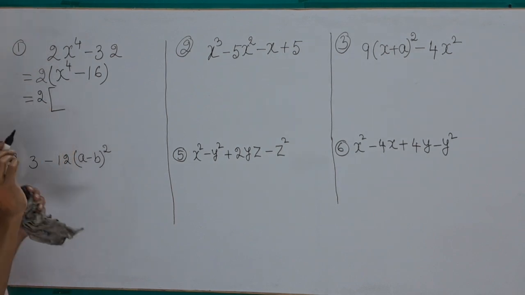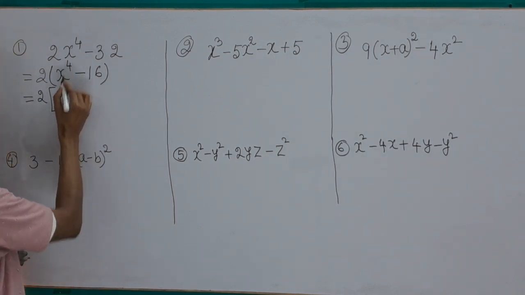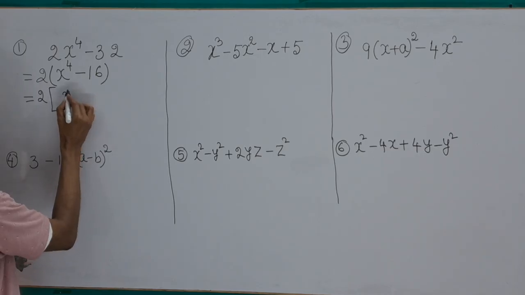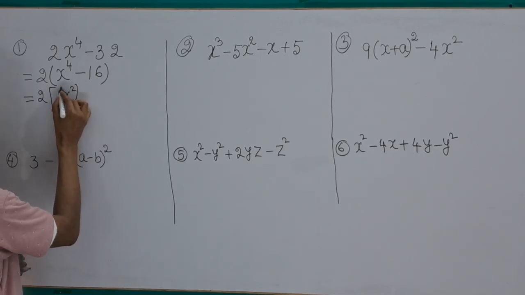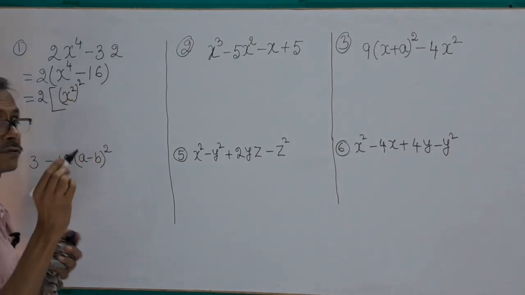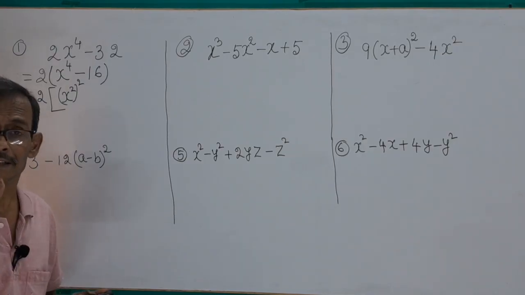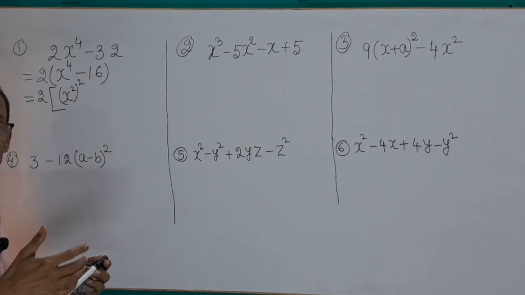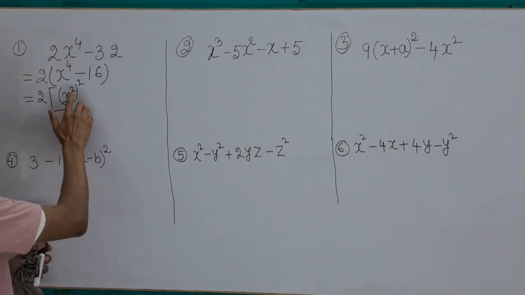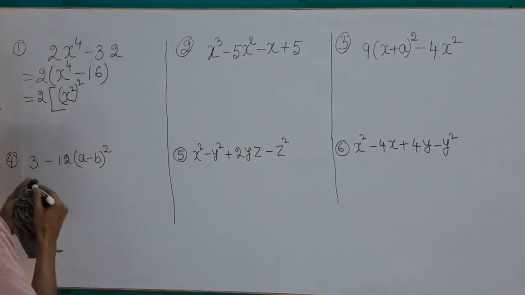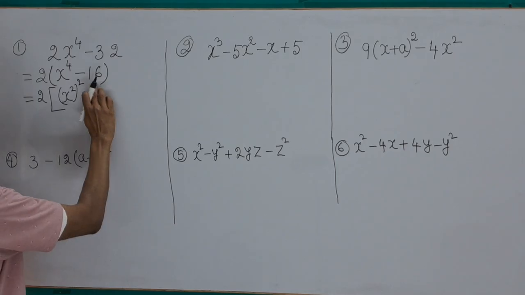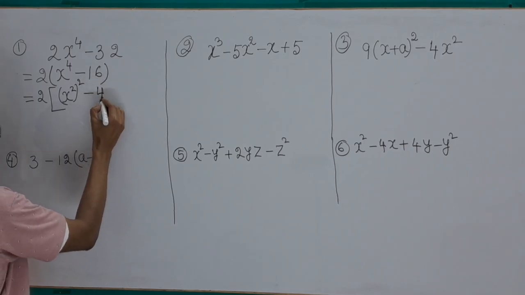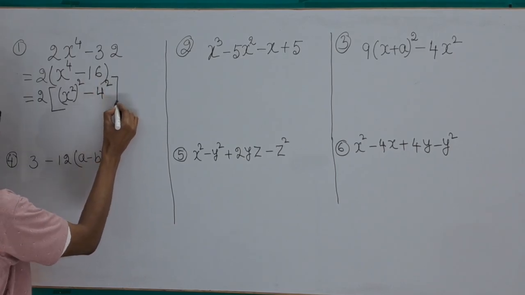You have to understand, x to the 4 you can write as x square and whole to the power 2, because x to the 4 is x square into x square. So x to the 4 I can write in the form of x square whole to the power 2, and the 16 you can write as 4 to the power 2.